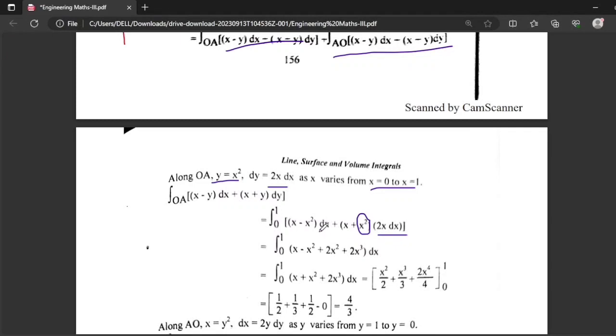Here we have converted it into x because by this equation it is easy to convert into x. If we convert into y for OA, then it will be a little difficult.